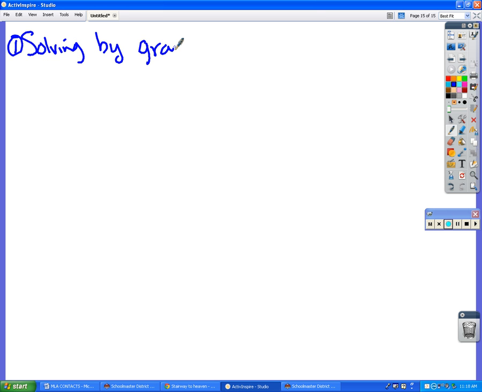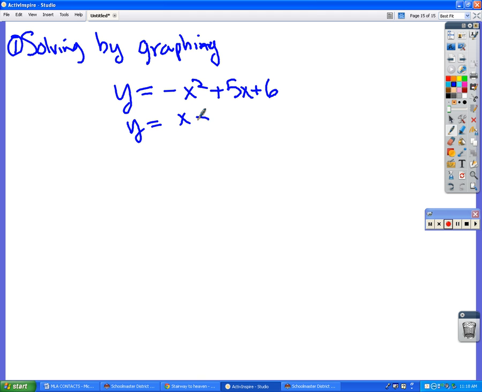All right, so let's talk about some different ways to do this. The first way that you can solve these, and these are the same as when we did the linear ones, is by graphing. So let's say you were asked to solve the system of equations y equals negative x squared plus 5x plus 6 and y equals x plus 6.